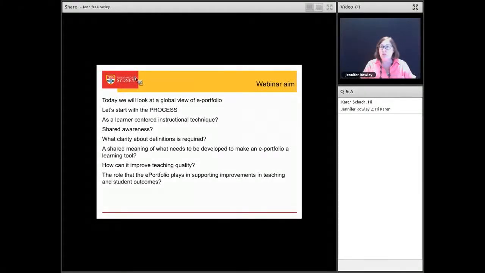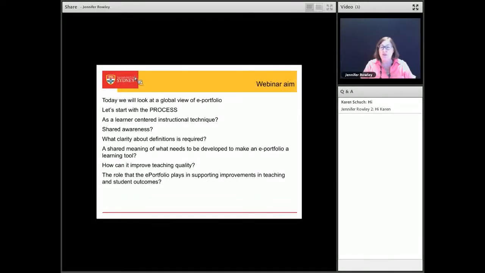Do we have a shared awareness? Well, from most of the literature that I read, I probably would say that it's not a shared awareness at the moment about ePortfolios, but maybe we need to ask the question about what clarity of definitions is really required.